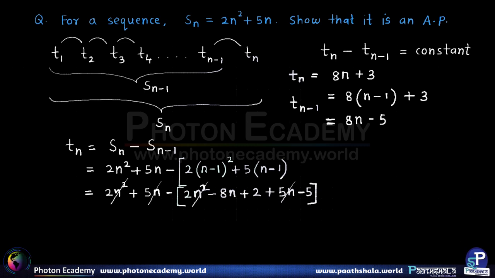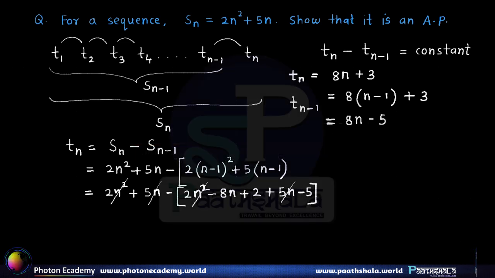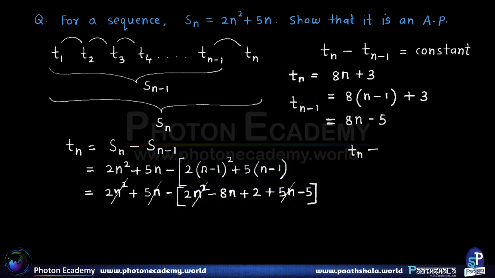Alright. And lastly, whatever we wanted to confirm is that the difference between the consecutive terms should be constant. So let us see what we get. We have to find out Tn minus Tn minus 1. Alright.